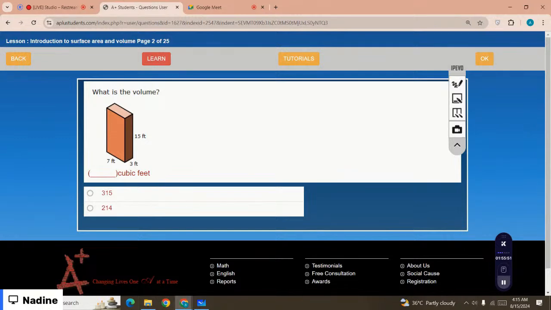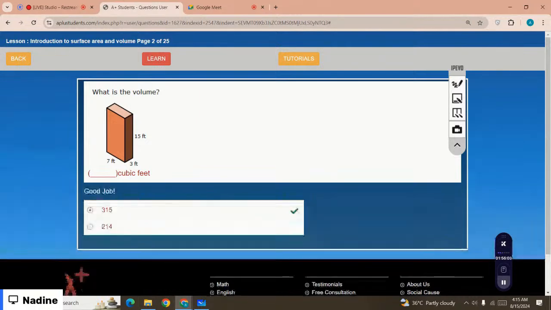You have to do side times side times side. The sides you are given are 7, 3 and 15. So the correct option is 315 cubic feet. Option number B.